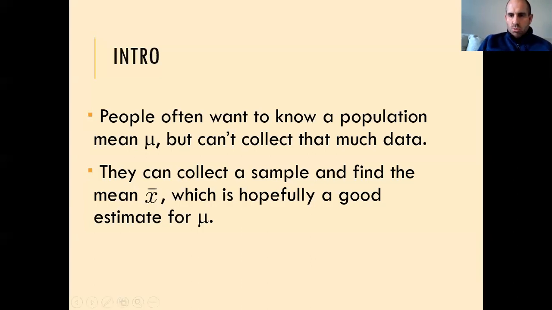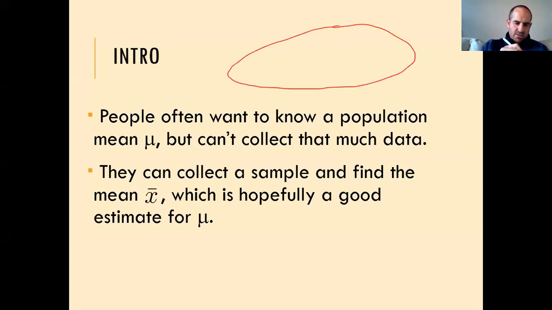So a picture that I hope you will have burned into your cognition once this course is done is the following. Okay, so here is the population, and the population has parameters, things like mu and sigma or sigma squared, right?